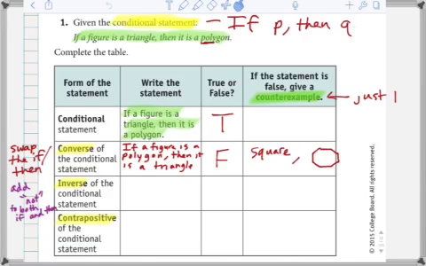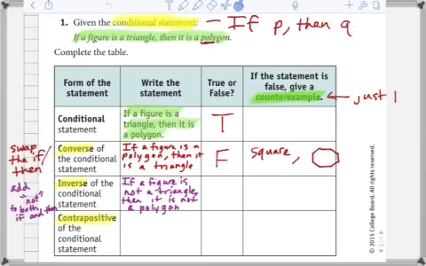So going back to the original statement, it becomes: if a figure is not a triangle, then it is not a polygon.